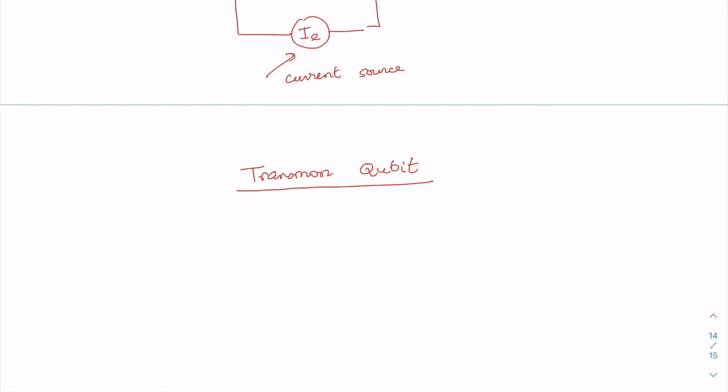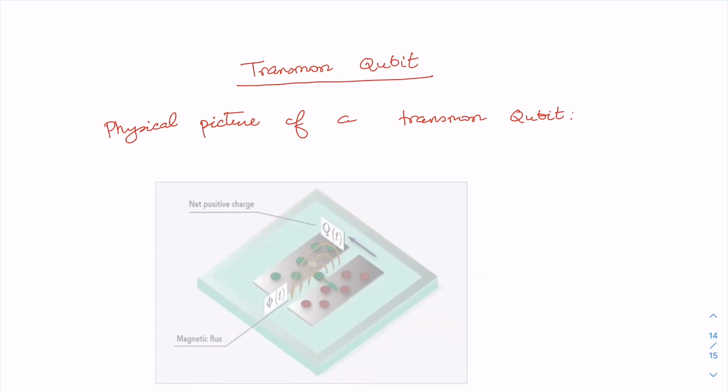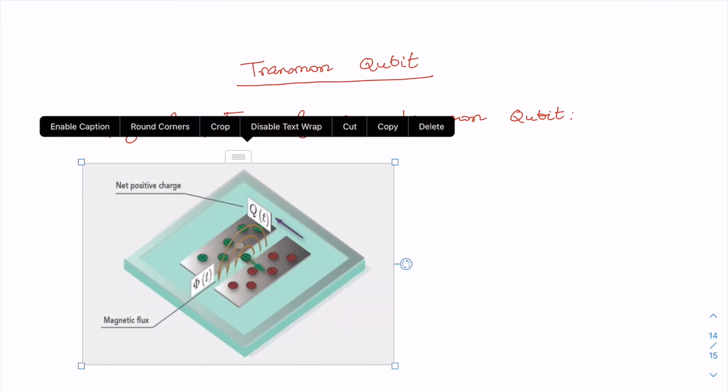We can represent the physical picture of a transmon qubit by this diagram. So this is one representation of a transmon qubit.